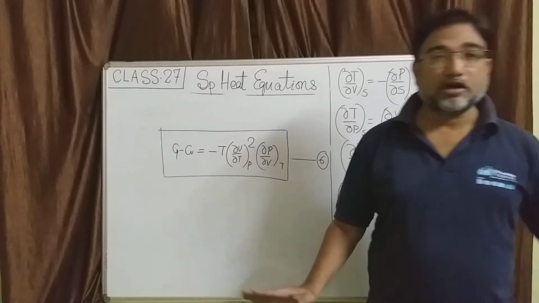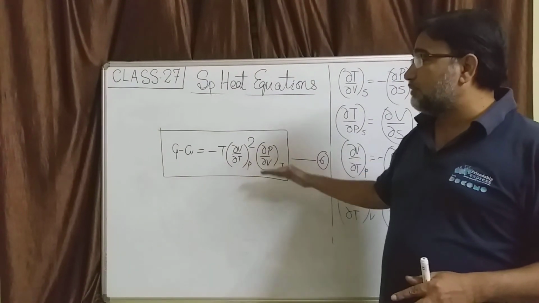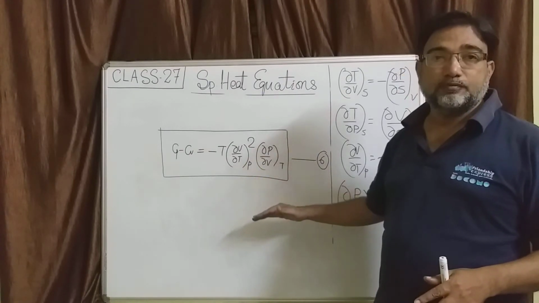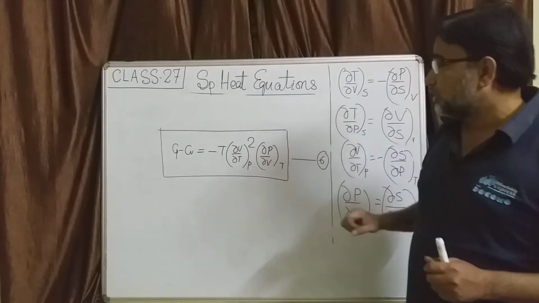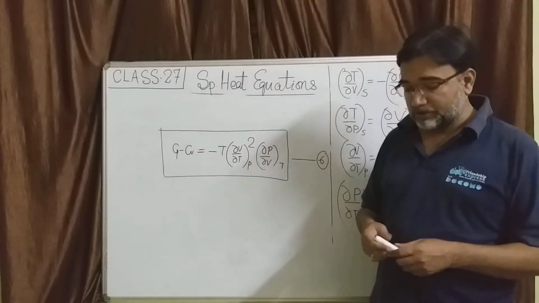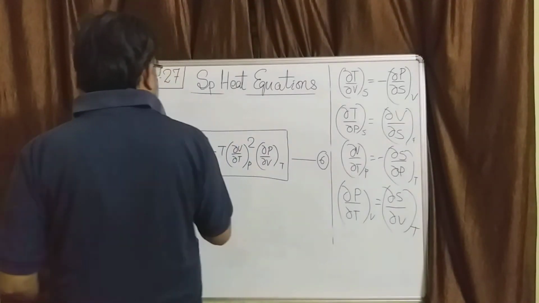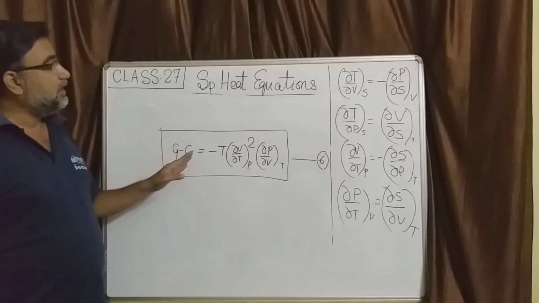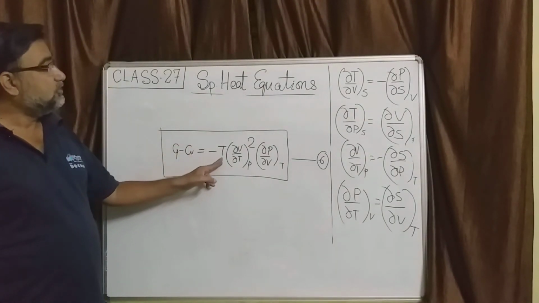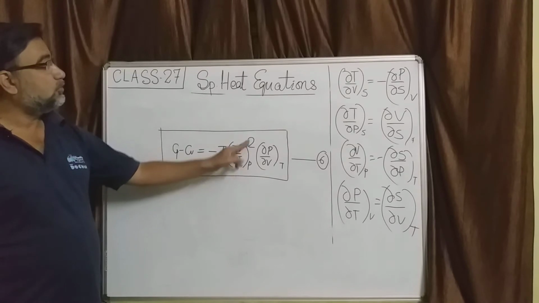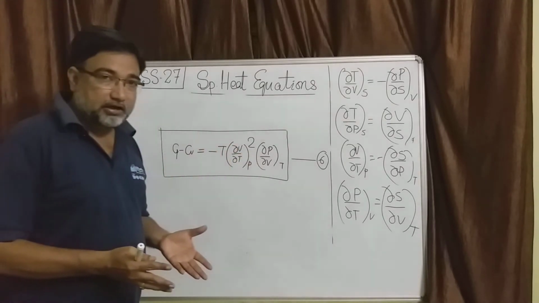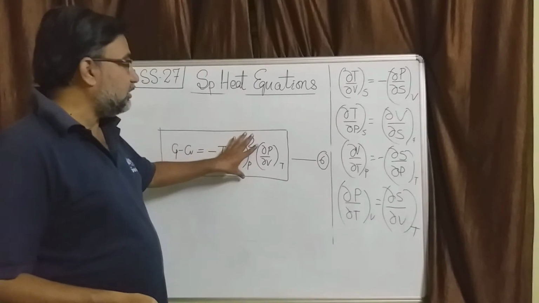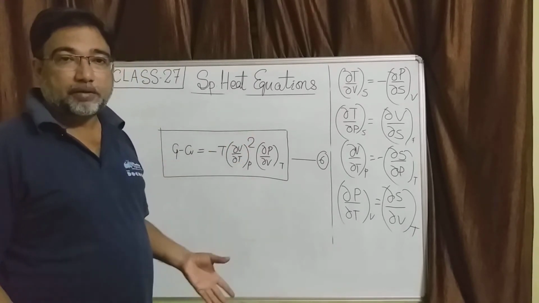Now this is a very important equation, and many things can be derived or concluded from this particular equation. Now look at this expression. This side we have Cp minus Cv, and this side we have a minus sign, T del V del T at P whole square del P del V. Now in any mathematical equation, if there is a square term, you know that square term cannot be negative.